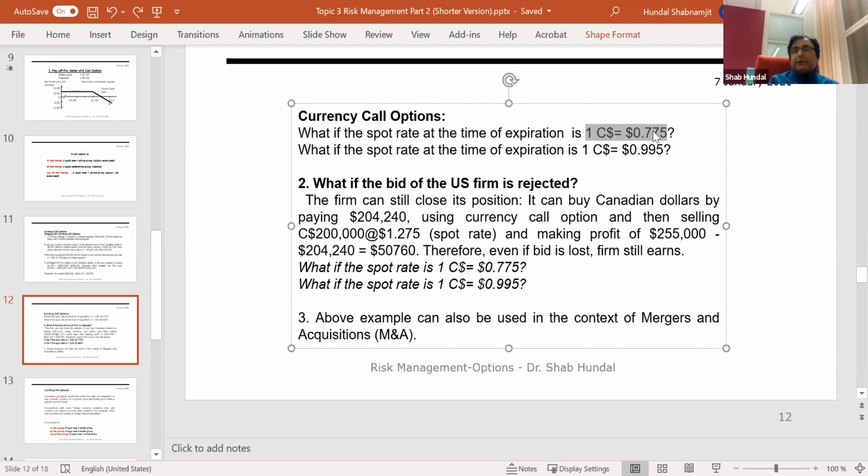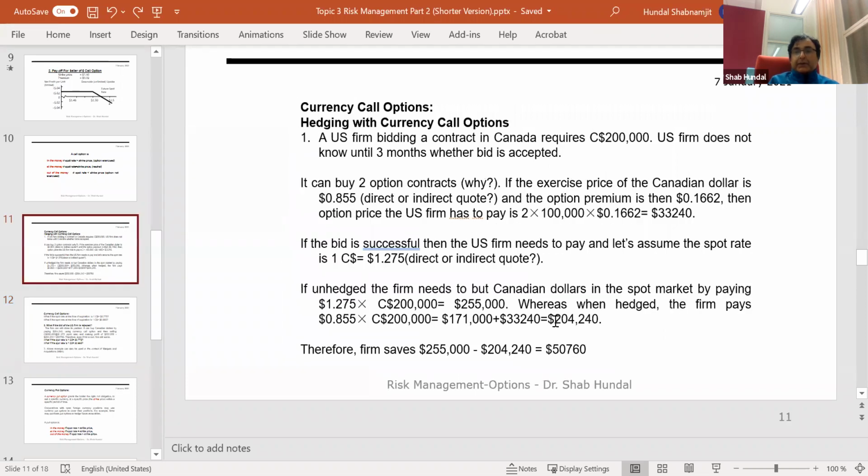Out of the money means you don't exercise the option because the spot rate is less than the strike price. In that case, your loss would be how much? Your loss is always equal to the premium. And how much is the premium you pay? 33,240 American dollars. So your maximum loss is this much.